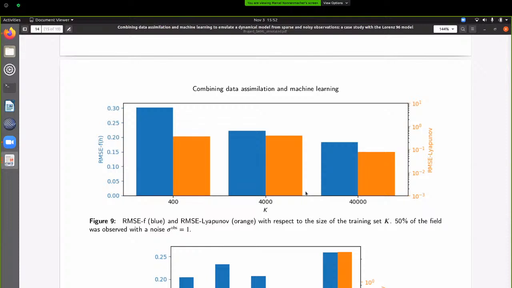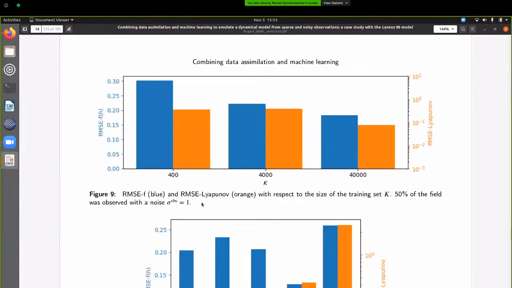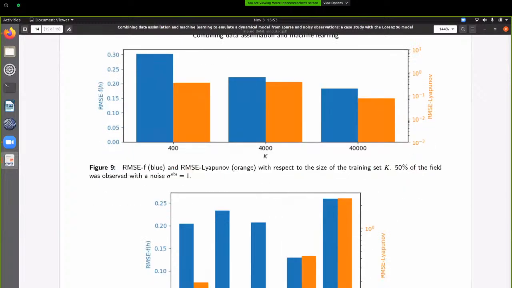It's not night and day, so apparently 400 data points are okay-ish to get an idea. But okay, these are single step. The blue bars are single step estimates. The more interesting thing are the orange ones, the Lyapunov exponents of the dynamics. And they seem to be not so terribly affected, at least over this range. If you go below 400, it's probably going to break down.